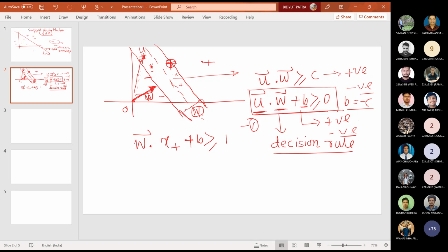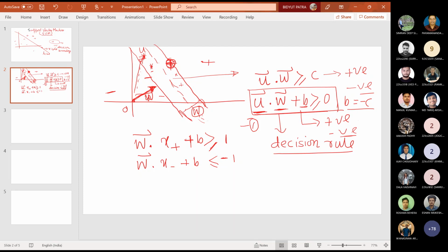That was greater than or equal to 0, but for a positive sample, this is greater than or equal to 1. And for the negative sample, w dot x negative sample plus b should be less than or equal to minus 1. If it is somewhere here, it is the negative sample, otherwise it is positive.